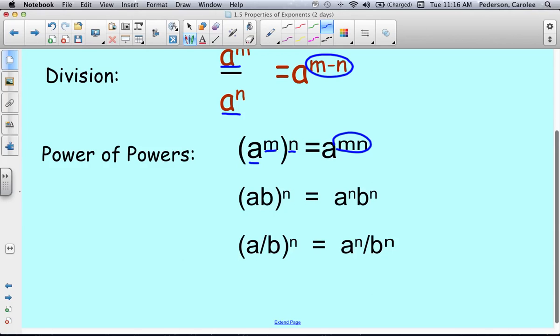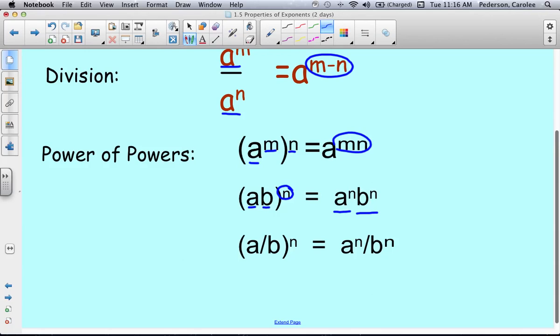The next property, you have different bases. Could be two terms in the parentheses, could be three terms or more. What you do is you distribute this power, n, into all of the pieces in the parentheses, so that you'd have a to the n times b to the n.